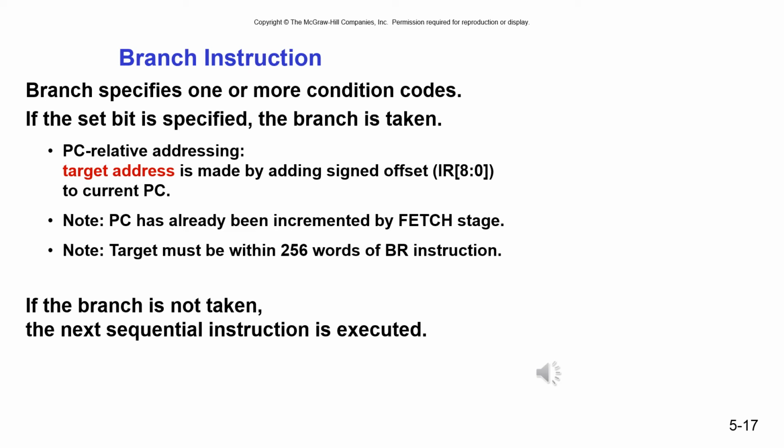Before the system even knows what the instruction is, the program counter is already +1. It uses PC relative addressing, has a 9-bit offset, which allows us to go plus or minus 256 words of the branch instruction. And if the branch is not taken, the program counter is already pointing to the next instruction, so we continue on with a linear flow of control.